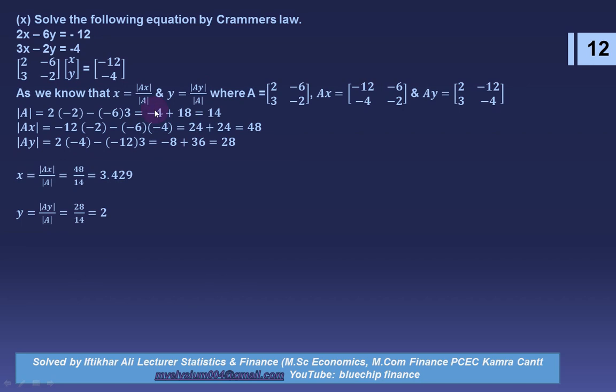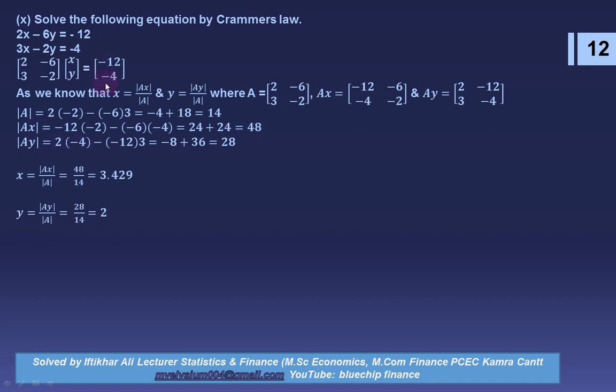So first of all, the determinant of A will be 2 multiplied by minus 2 minus minus 6 multiplied by 3, and that will be equal to 14. Now we take this column and place it here and take the determinant; that will be the AX determinant. So minus 12 multiplied by minus 2 minus 6 multiplied by minus 4, so it will be equal to 48.